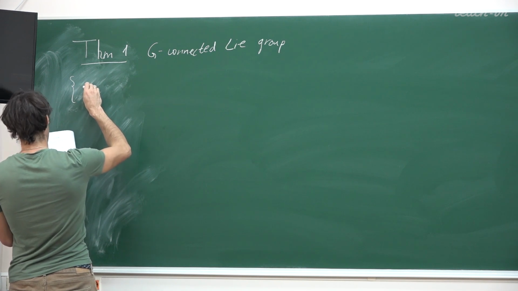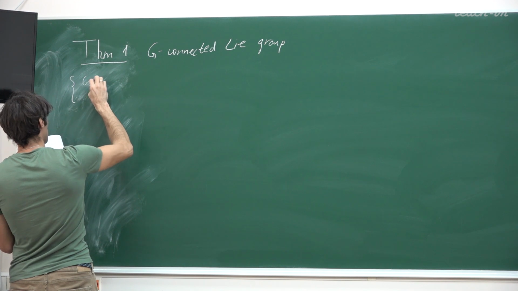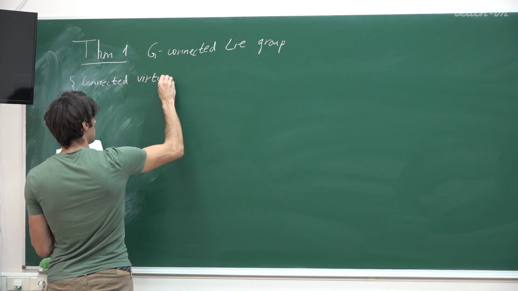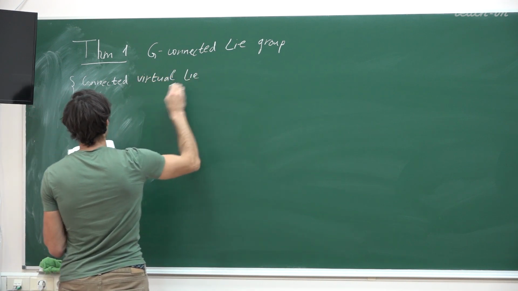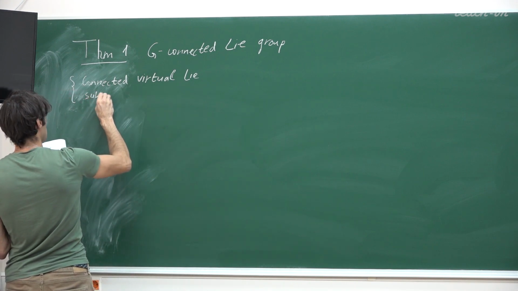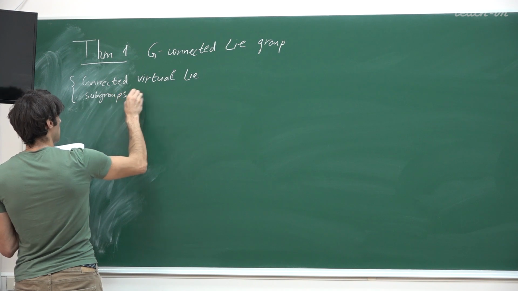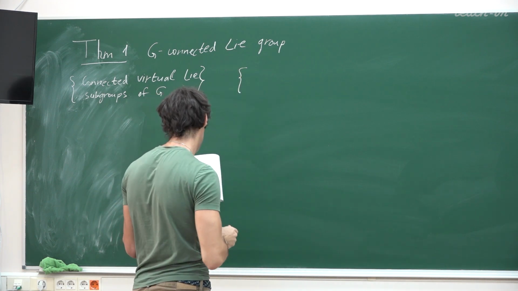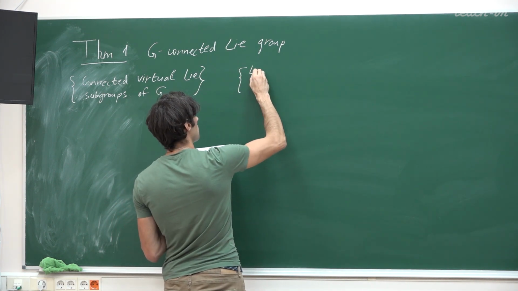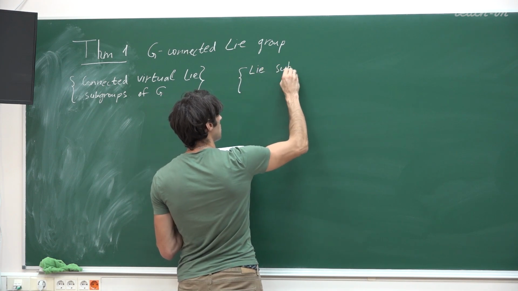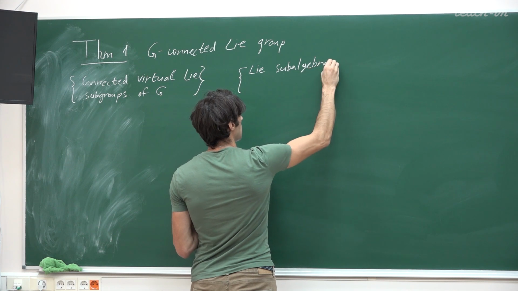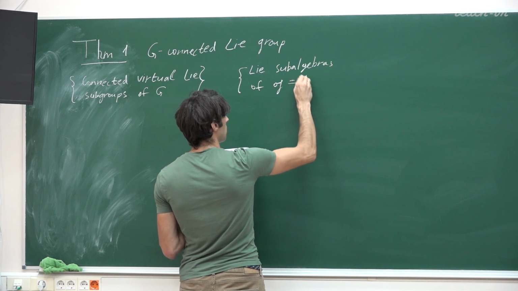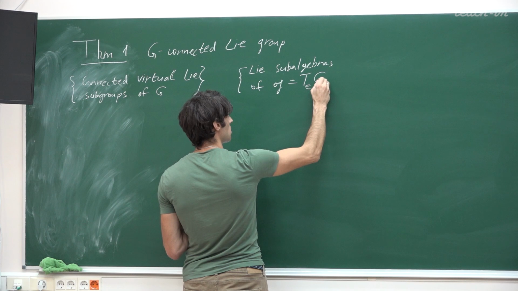One of them is connected virtual Lie subgroups of G, and another set is Lie subalgebras of the Lie algebra of G capital, which we denote by G small.